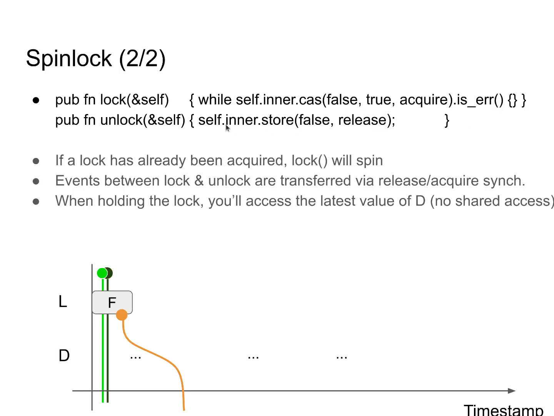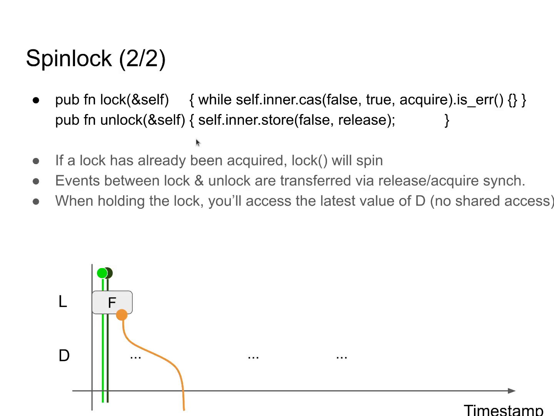Okay, this is the shorthand notation for the previous slide, and I'm going to explain what's going on in the promising semantics when the lock is held and unheld. So the lock is meant to be protecting data.